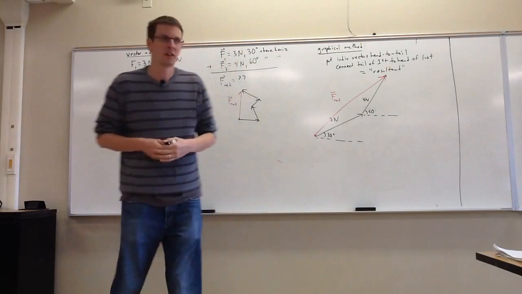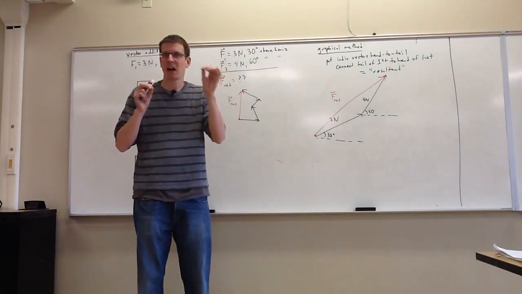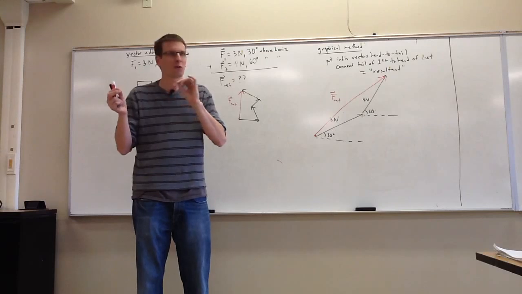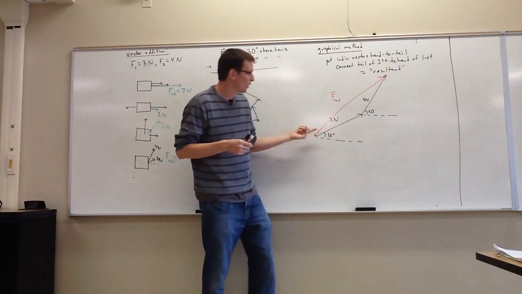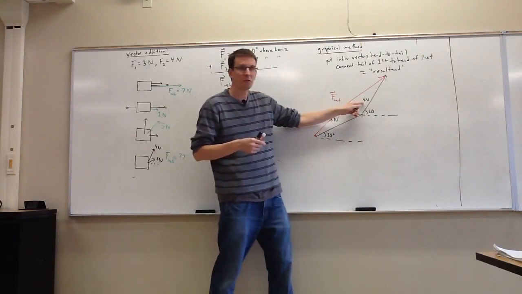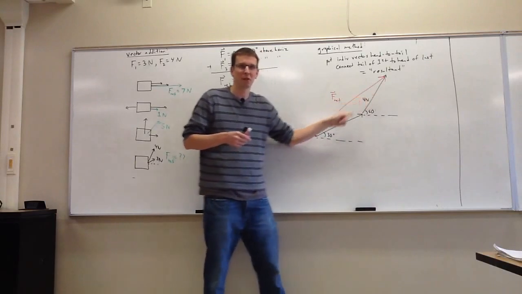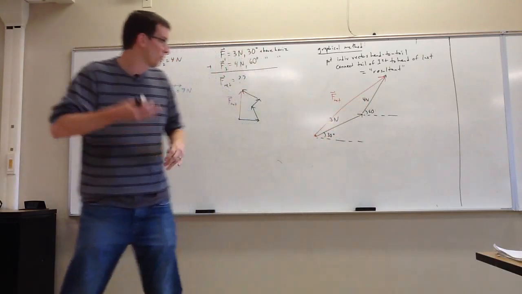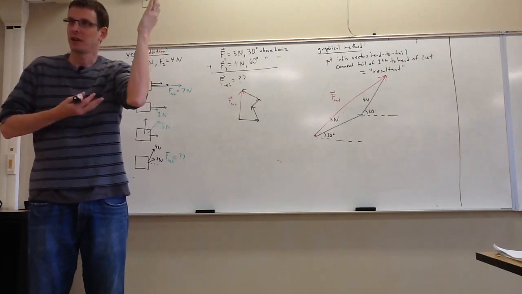Then you're going to pick a scale for how many newtons is represented by how many centimeters. Now, of course, there's no equivalence between newtons and centimeters, but that will allow you, if this is 4 newtons to 3 newtons, to draw these two in the right lengths compared to each other, right? If one force is 3 newtons and the other one's 6, then the 6 newtons should be twice as long as the 3, right?